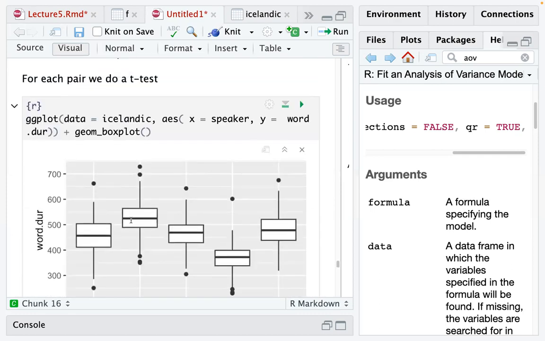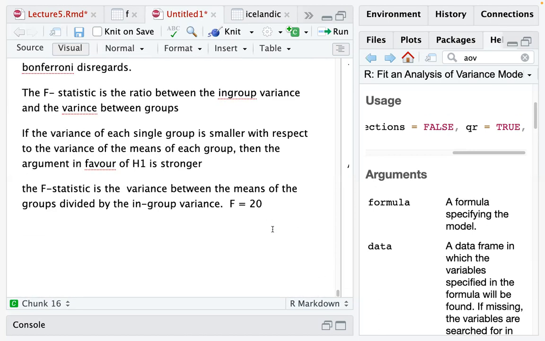So the bigger the F, the bigger either the vertical distances between these boxes, or the more these boxes reduce. So the bigger the F is, the stronger the hint. So F equal to 20 is a big number.